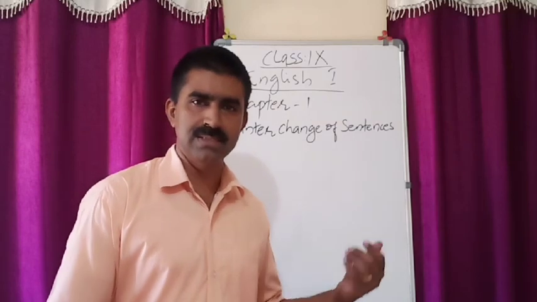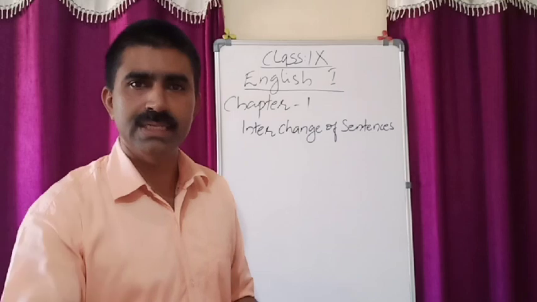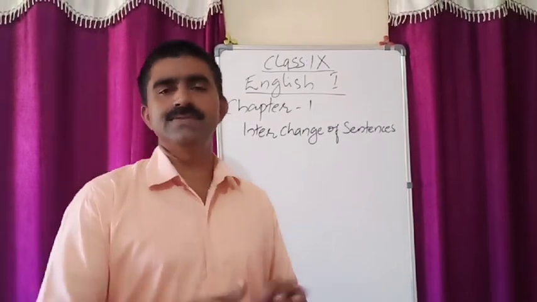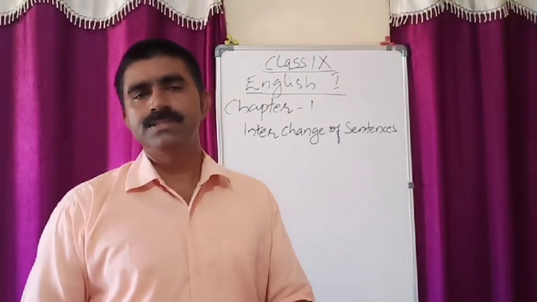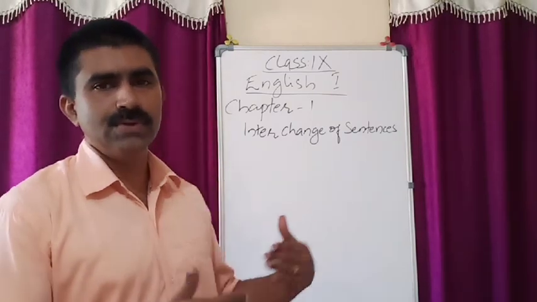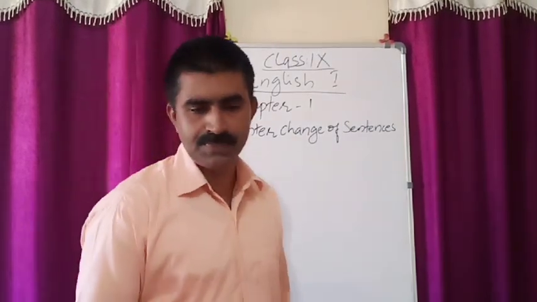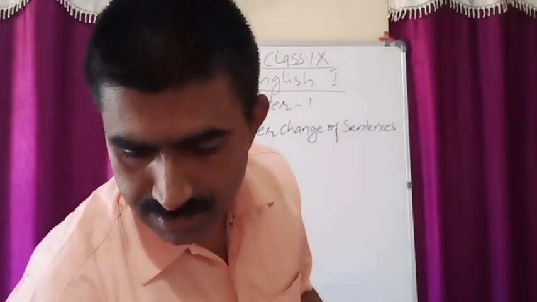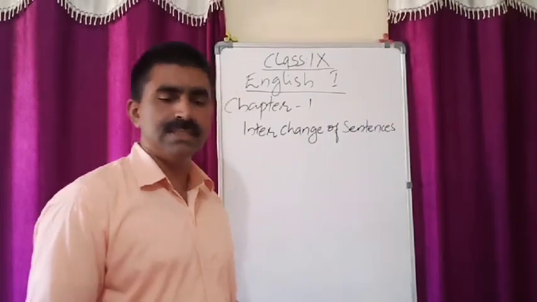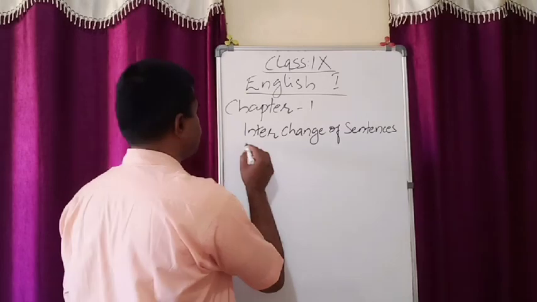These are again divided into 2 categories, affirmative and negative sentences, that is, positive and negative sentences. Now we are going to begin the interchange of sentences, starting with the interchange of affirmative and negative sentences.